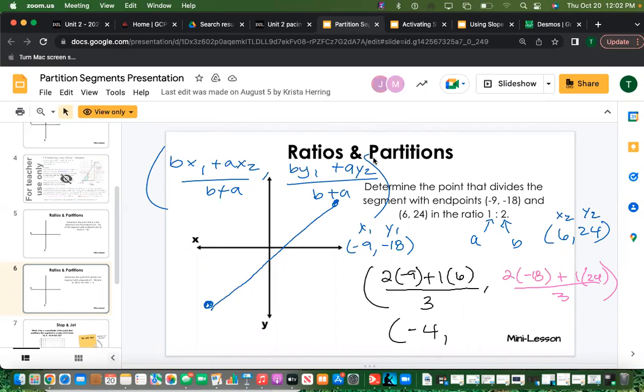So 2 times -9 is -18. -18 plus 6 is going to give us -12. -12 divided by 3 is -4.